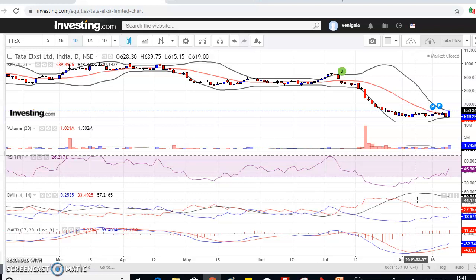So this is about the ADX, and moving on to the next indicator, the MACD, moving average convergence and divergence. The MACD indicator is generated by subtracting two exponential moving averages to create the main line, the MACD line, which is used to calculate the EMA that represents the signal line.